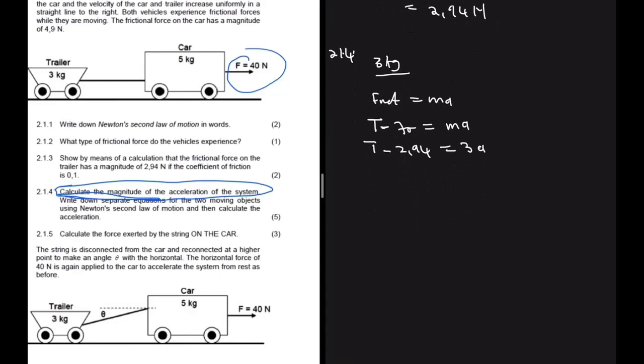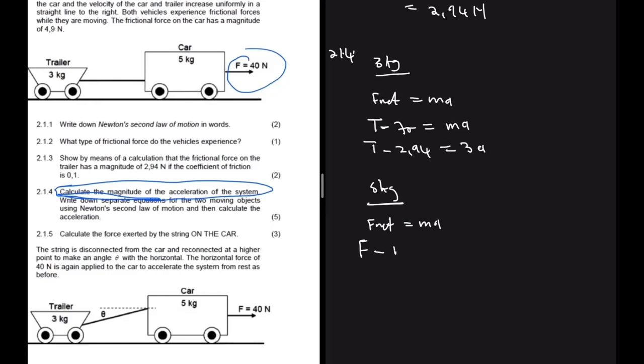And then now for the 5 kg car, we know that the force that is pulling the car is the force applied, right, of 40 Newton. So we're gonna say F net equals ma again, and we're starting with F applied, right, because it's the biggest force, and then we subtract all the other small forces. What are the small forces?